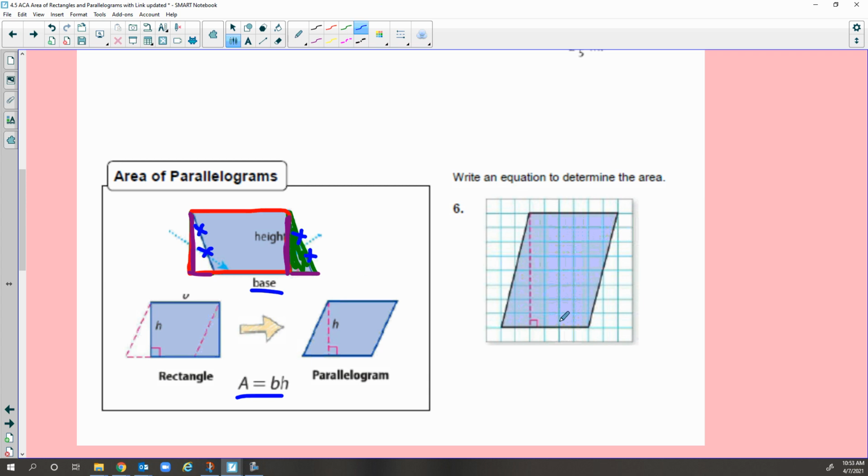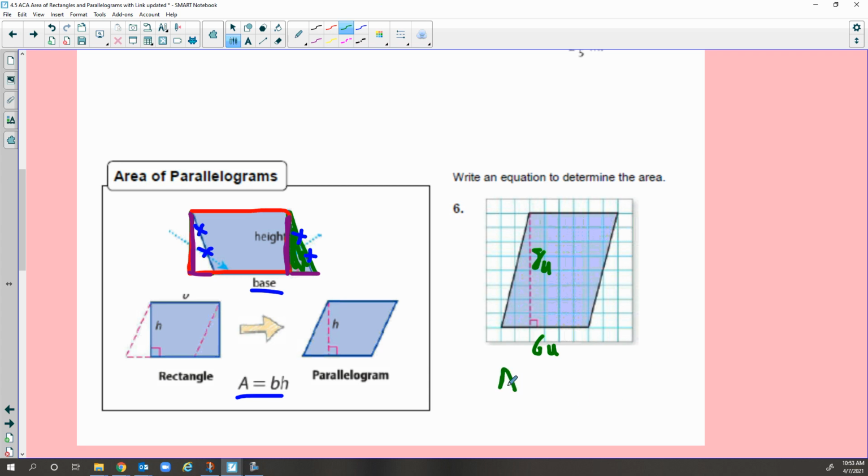Okay? In this example right here, example number 6, I would count my units on the bottom. 1, 2, 3, 4, 5, 6 units. And then going up, I have 1, 2, 3, 4, 5, 6, 7, 8 units going up.